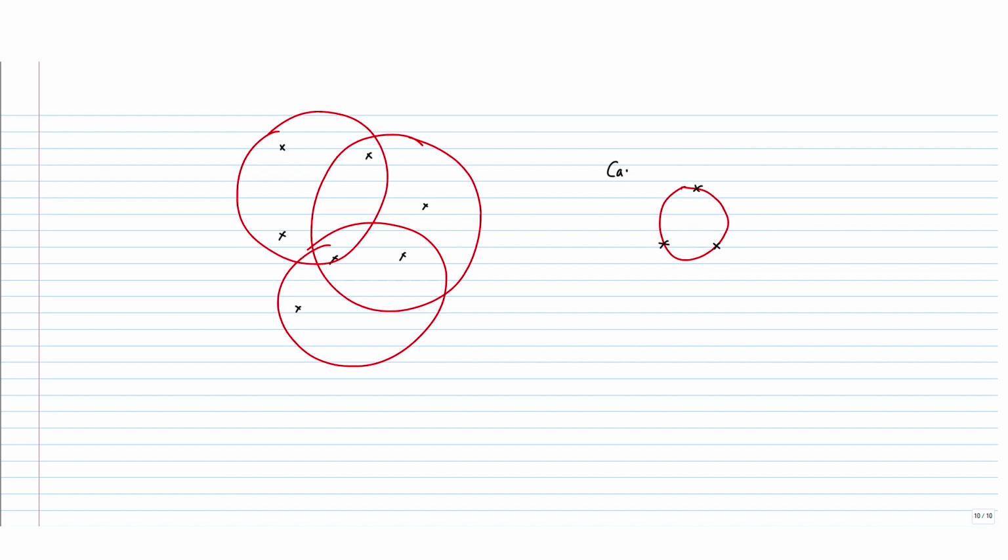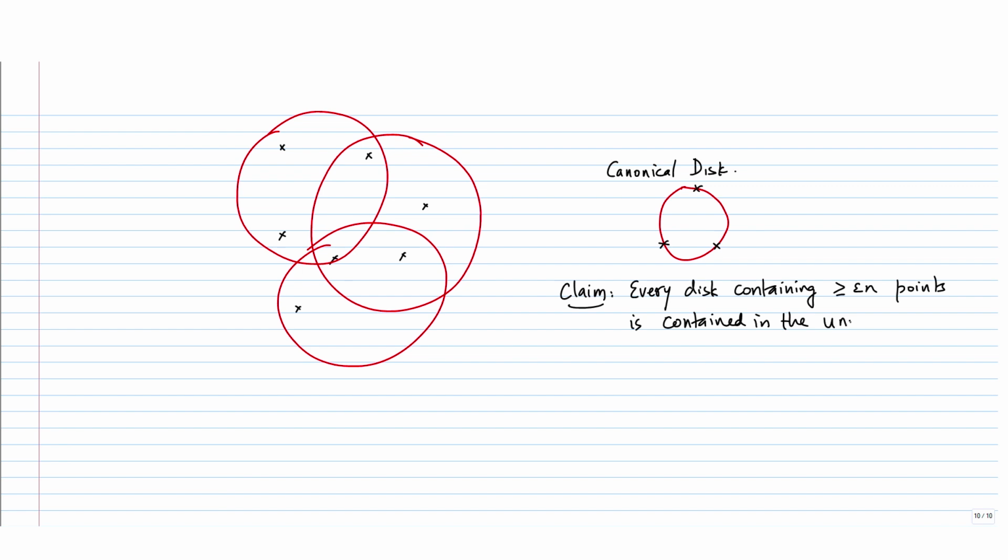In this case, a canonical disk is defined by 3 points, and the claim is every disk containing at least epsilon n points is contained in the union of 2 canonical disks.